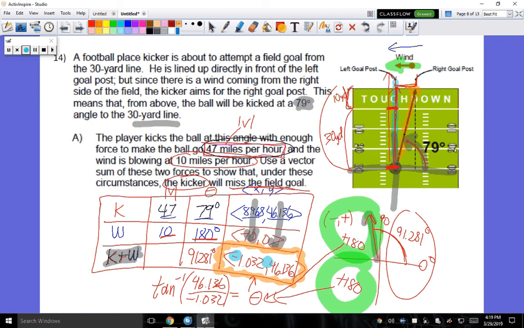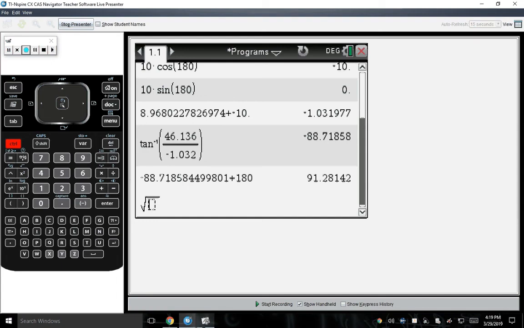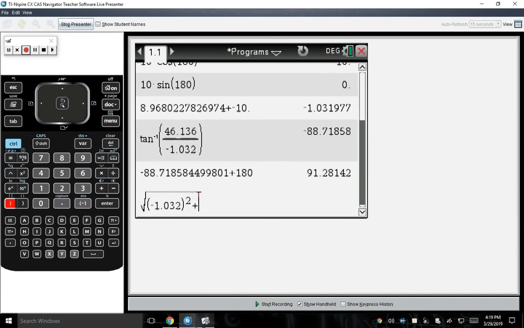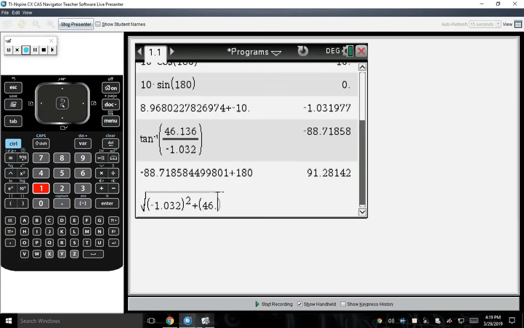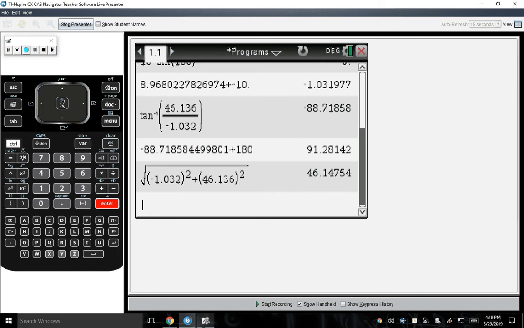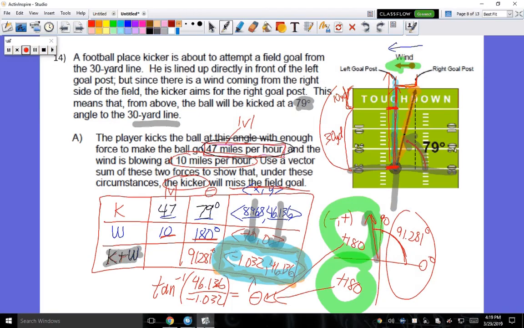And if we did the magnitude of this resultant, we're just going to do the square root of the squares. So the square root of the sum of the squares. So here we go. The square root of parentheses, negative 1.032, and we're going to square it and then add it to the square of the other one, which is 46.136, squared, and we get that the magnitude is 46.148 is what it rounds to.